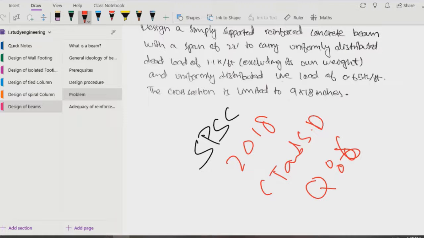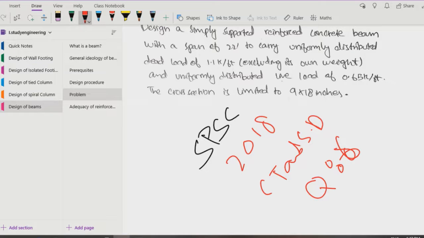We will solve this question according to the design procedure explained in the previous video, design of beam part 2.